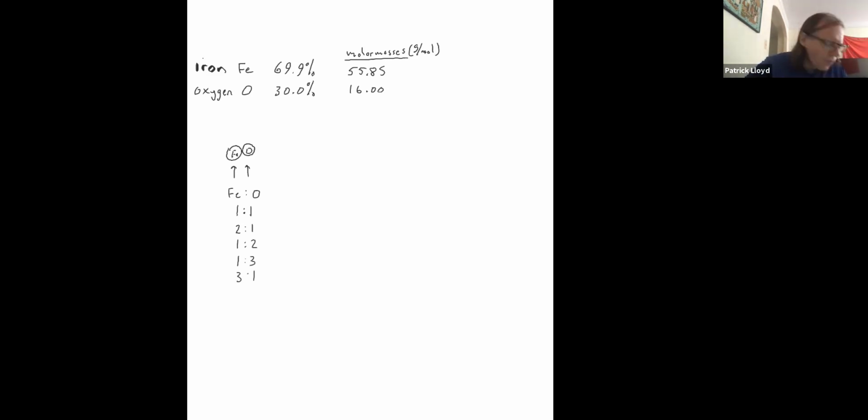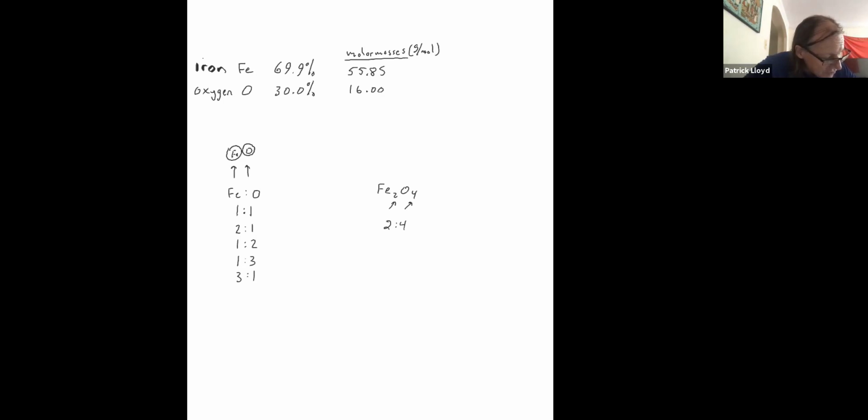The empirical formula is the lowest ratio of whole numbers for each element. So for example, if I had Fe2O4, we could reduce those two numbers. The ratio is 2 to 4.